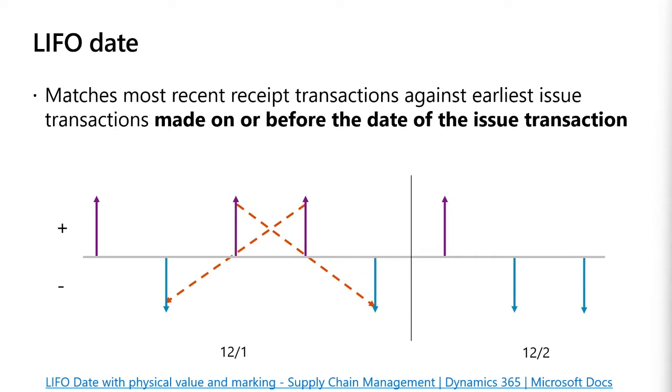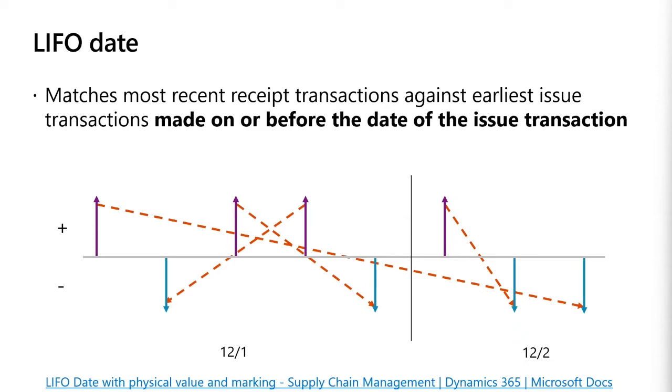Next, the system moves to 12/2, where the last receipt on 12/2, which is the only receipt on this day, is settled against the first one out on 12/2. Then the second issue on 12/2 is settled against the last receipt that is open, which in this case is the very first receipt that happened on 12/1 because there are no other receipts available.